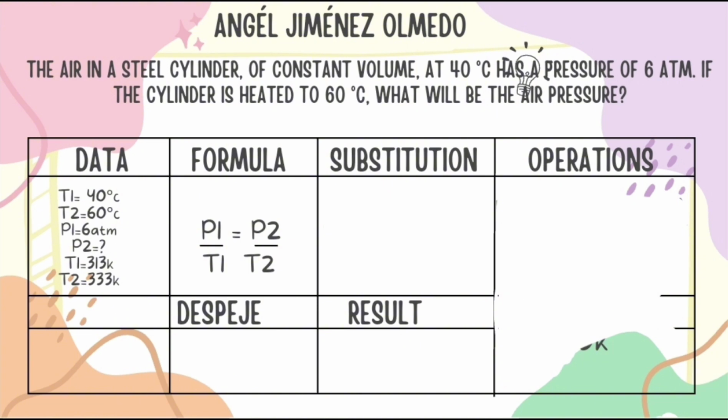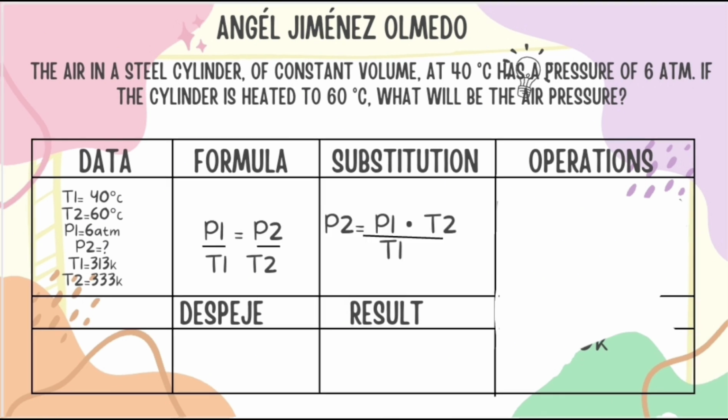Now we will substitute the values: final pressure is equal to 6 times 333 over 313. After this we will solve the operation.